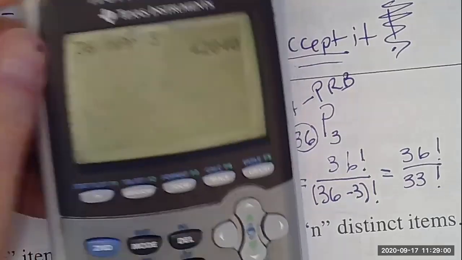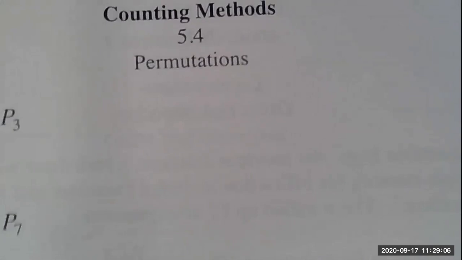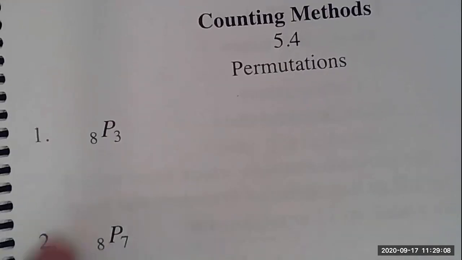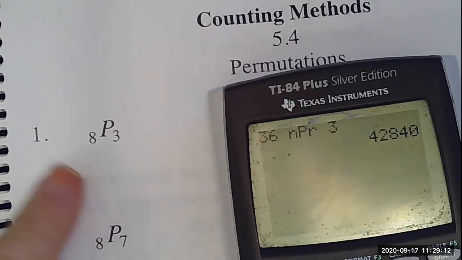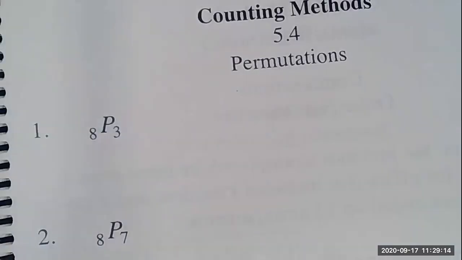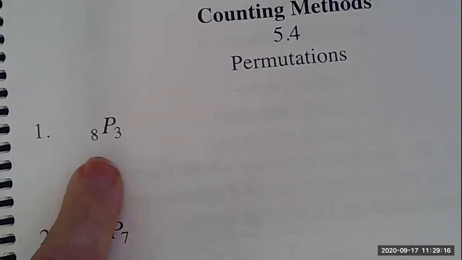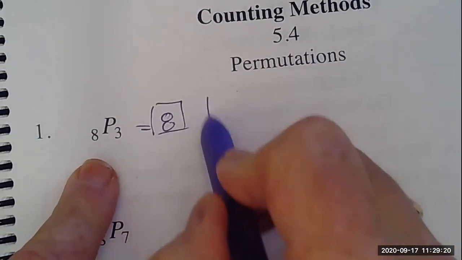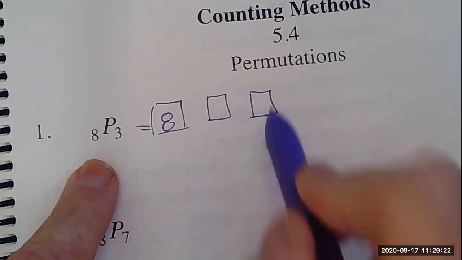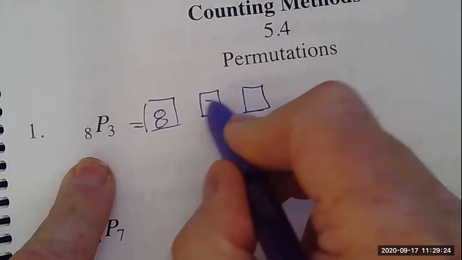I'll do that again with these other problems. Watch. Okay, 8 permute 3. Because I know the pattern, I know I start with 8 and I have 3 slots. So that's got to be 7, 6.